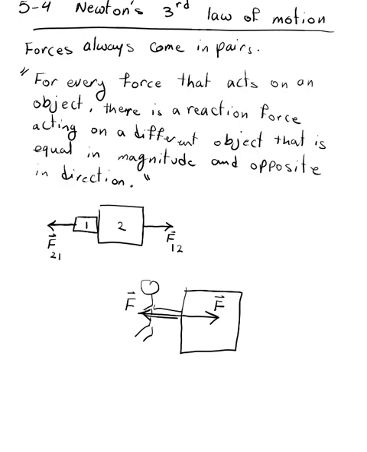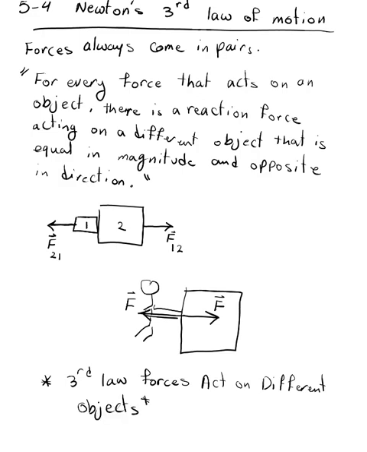Another thing is that for the third law, the forces act on different objects. So this is important to know: when we say action-reaction forces, they always act on different objects.